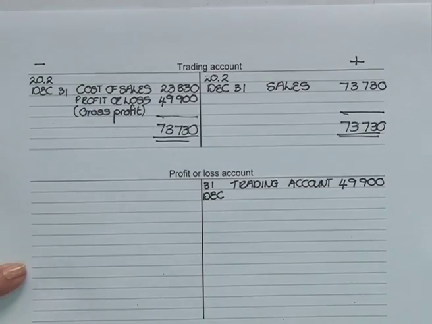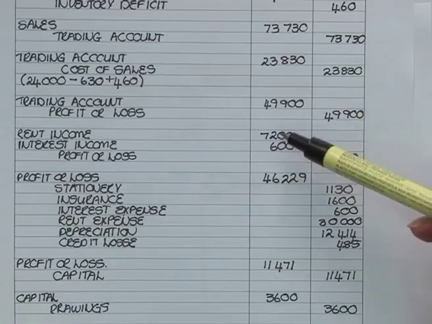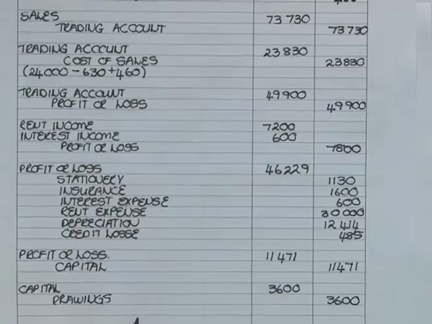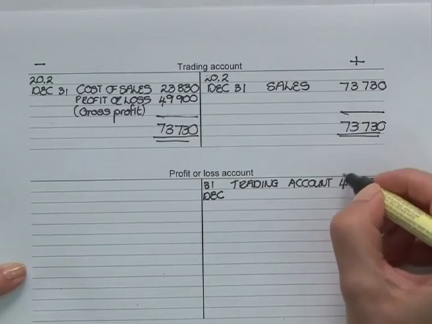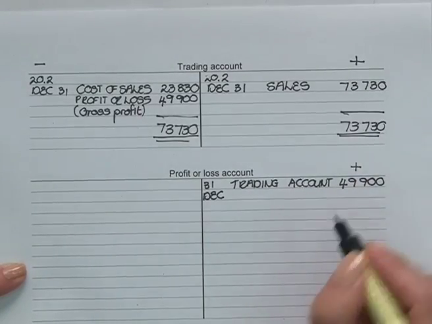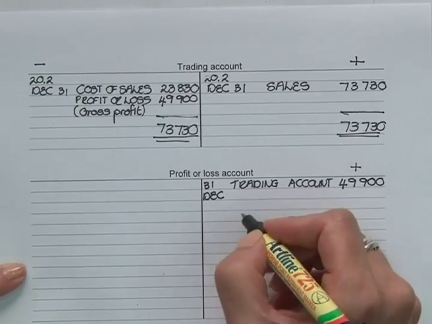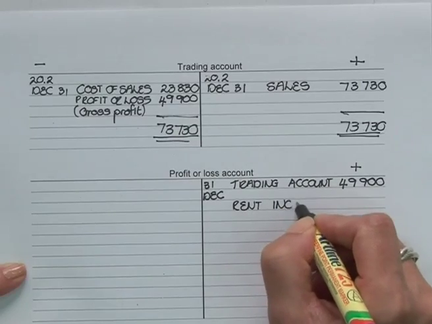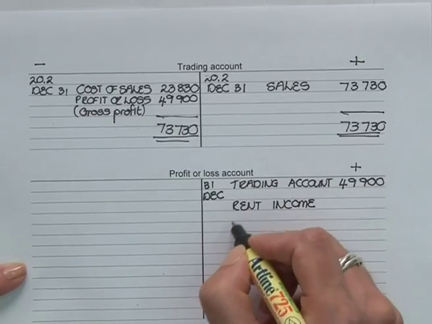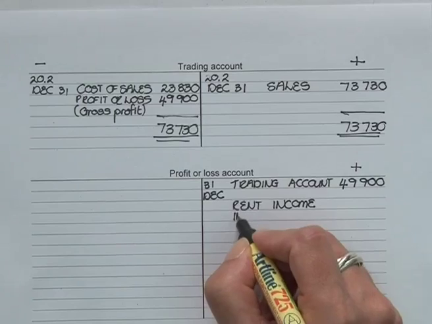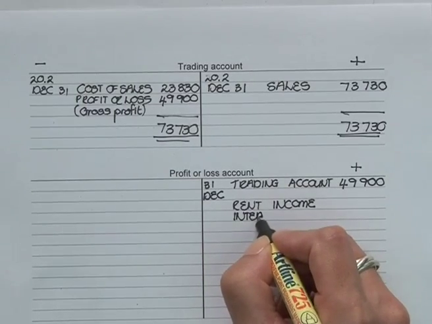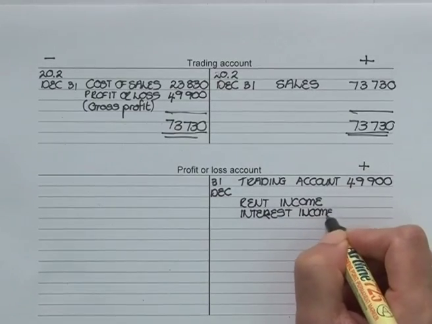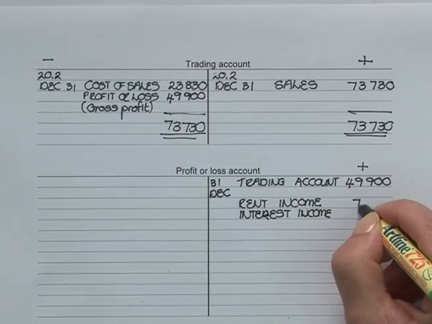Then we proceeded to close off all my other income other than sales and operating expenses other than the trading expenses. So the income items again will end up on the credit side of this calculation. So I will include my rent income, as well as my interest income. And the two amounts there.